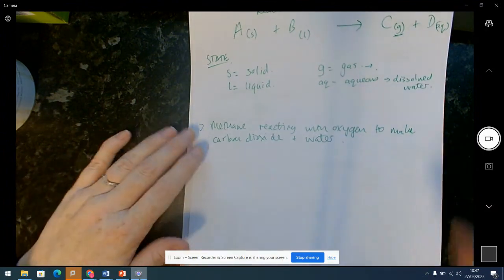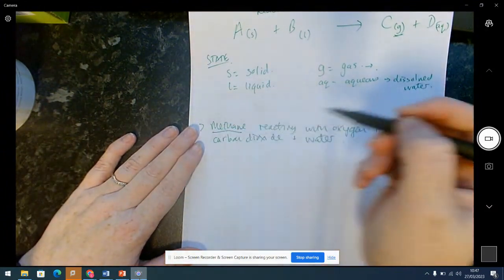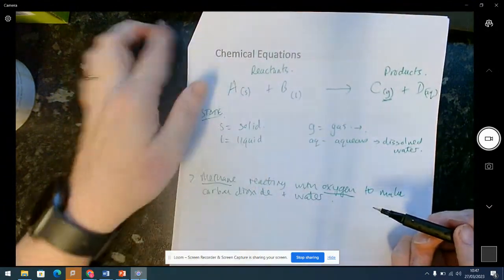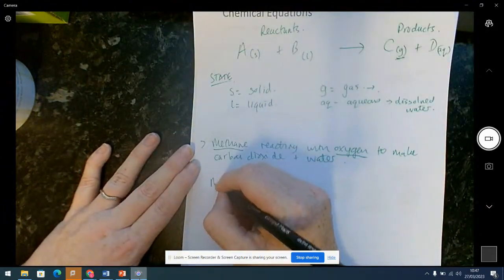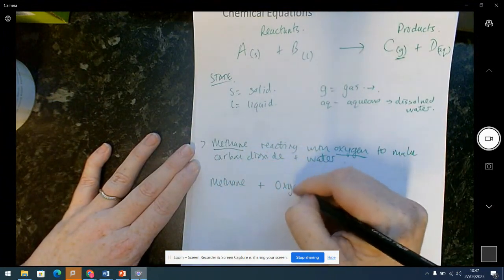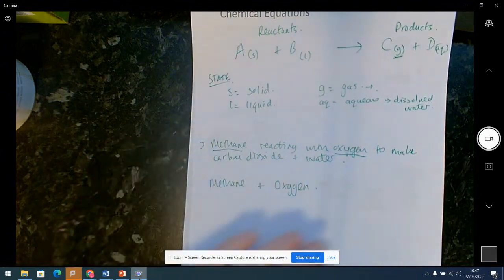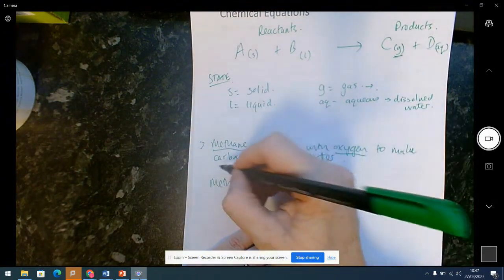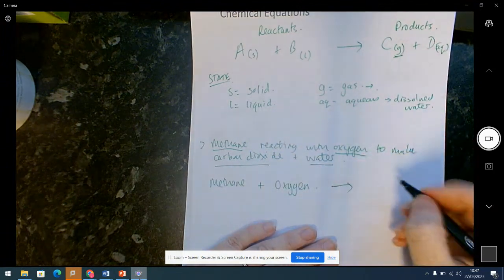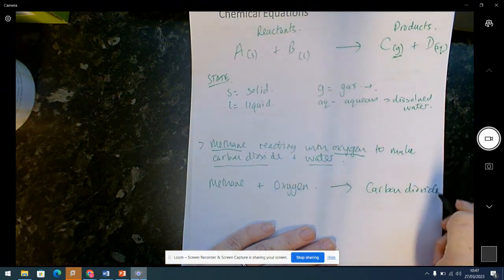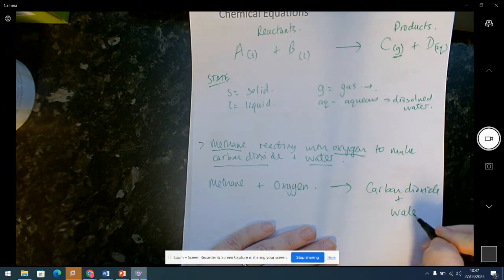So we'll do both. So I can see I've got methane reacting with oxygen, and that must be your reactants. So we've got methane plus oxygen, because we're saying it is reacting with oxygen. And the question quite clearly says to make carbon dioxide and water.